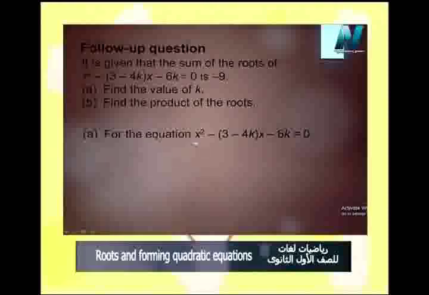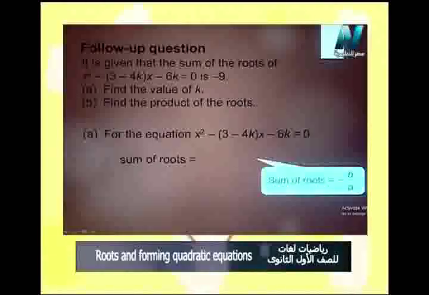For the equation here, we have the two roots. The sum of the two roots equals 3 minus 4k. It is also equal to negative b over a from the original equation, so negative multiplied by 3 minus 4k over 1. What is 1? 1 is the coefficient of x power 2.